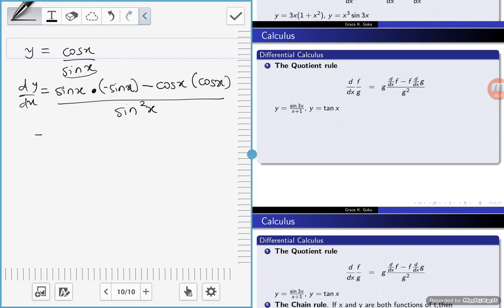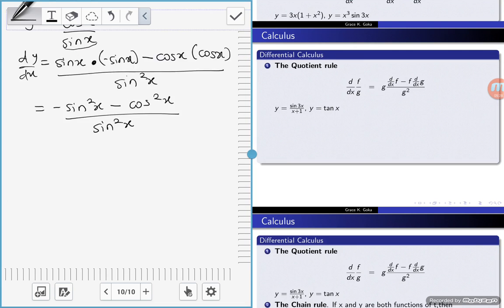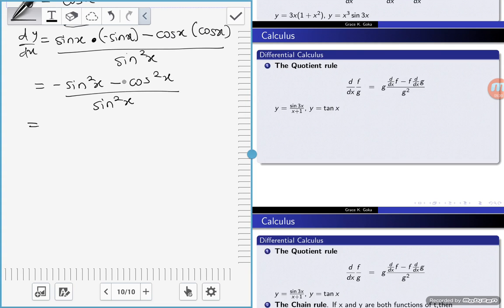squared x. This is equal to negative sine squared x minus cos squared x all over sine squared x. Okay, now there's a common factor here in the numerator, which is -1. So if you pull out -1, then you're left with sine squared x plus cos squared x all over sine squared x.